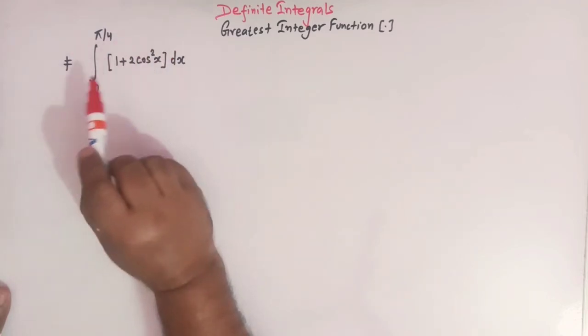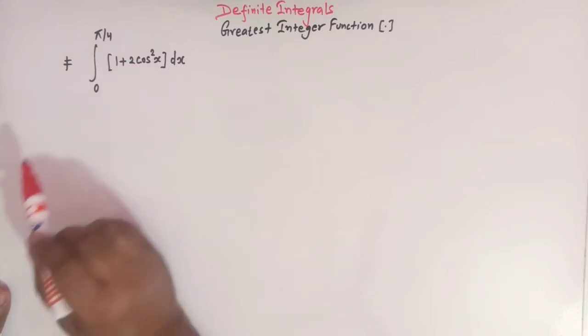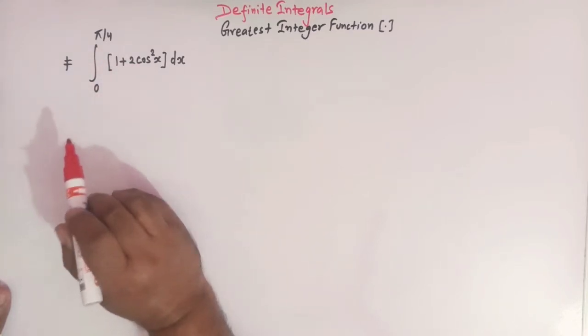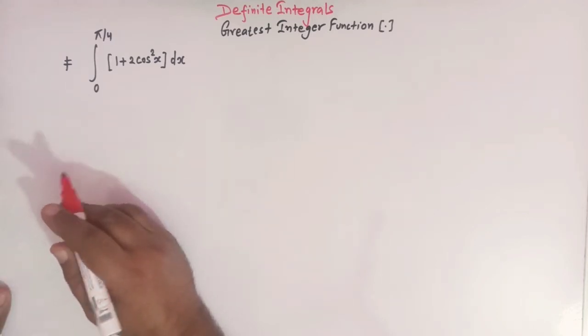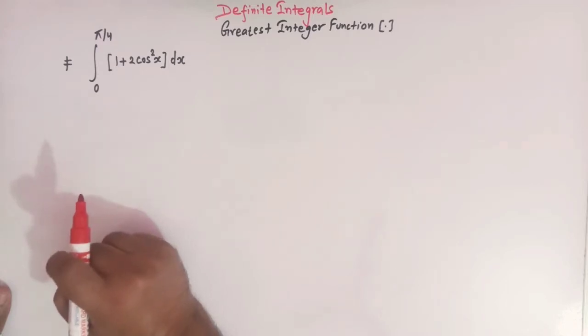Here the integrand is a greatest integer function, so we'll apply the definition of the greatest integer function, and the method of integration by substitution will also be made use of.